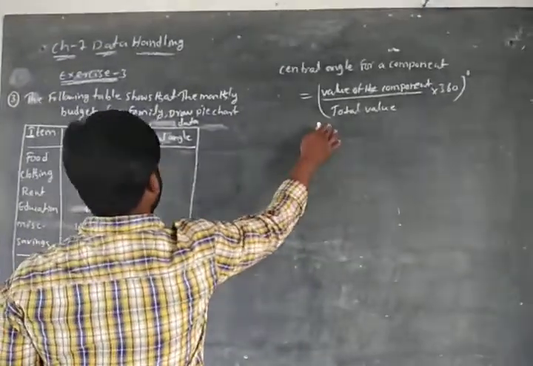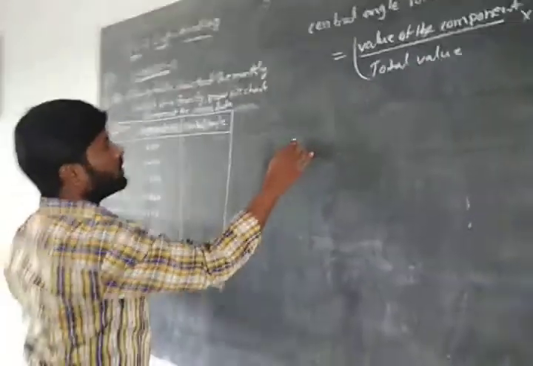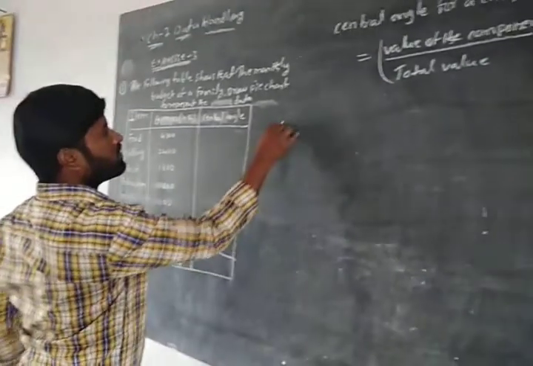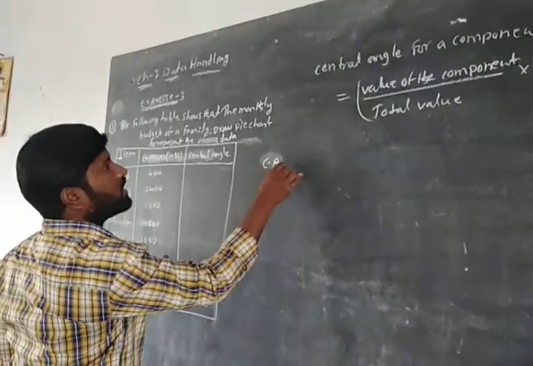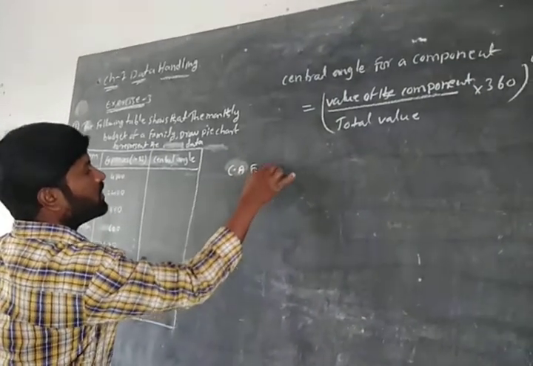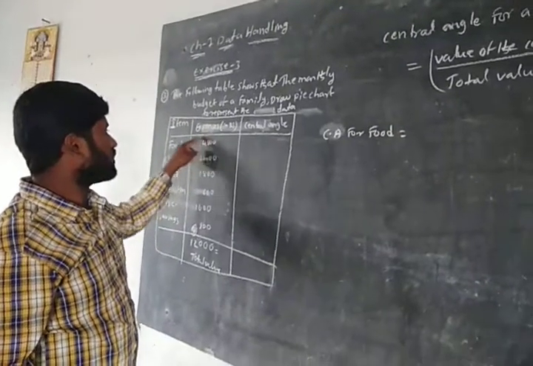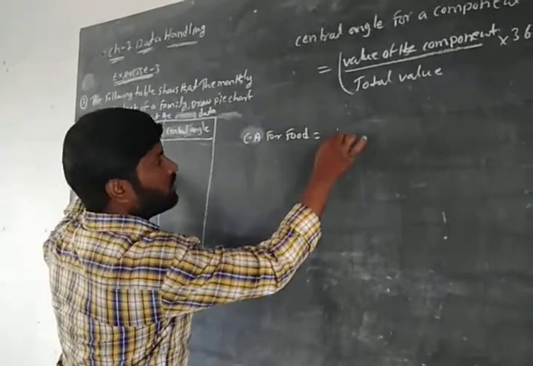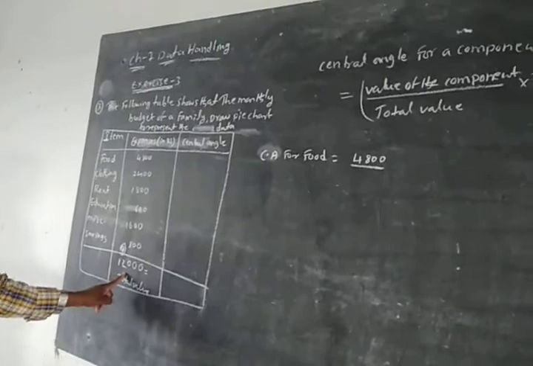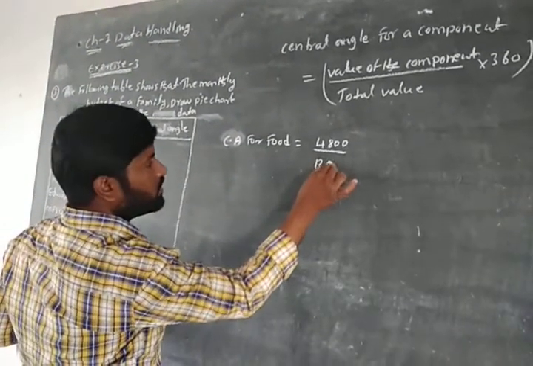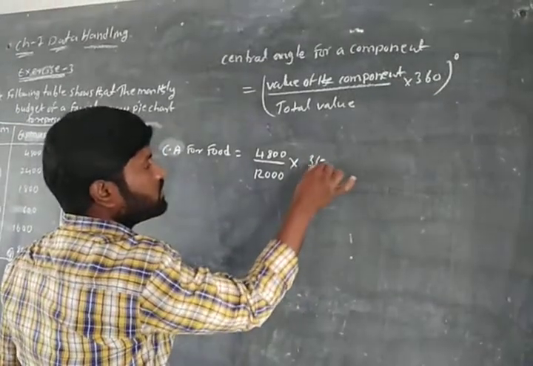By using this formula, what is the first item? Food. Central angle for food: how much are the expenses for food? 4800 divided by the total value, 12,000, into 360 degrees.